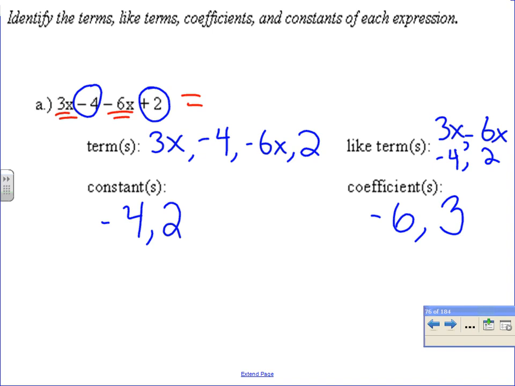What is 3x minus 6x? Emma M? Good. -3x. What is -4 plus 2, Matt? Good job.